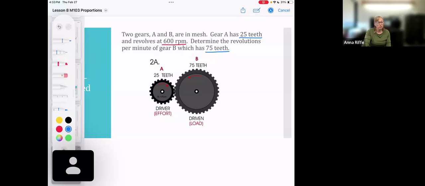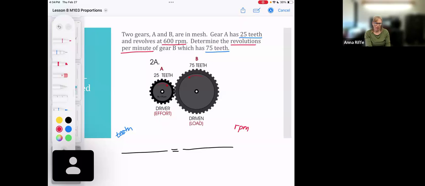It has 75 teeth. And we want to determine the number of revolutions per minute. So those are my variables. That's how I'm going to set up my proportion here. So number of teeth on the left, maybe, and number of RPMs on the right.